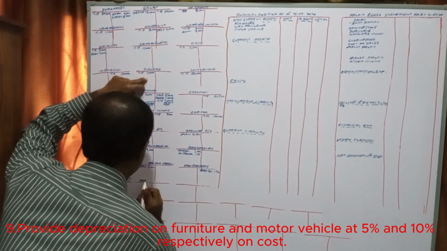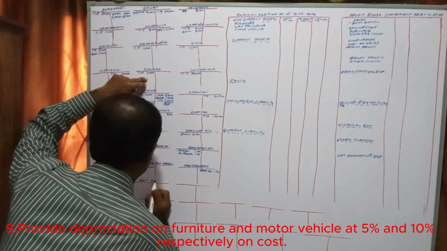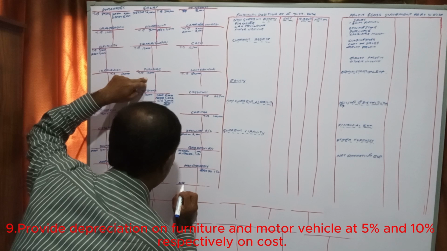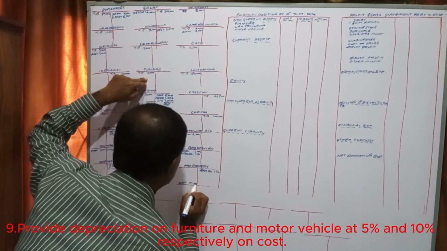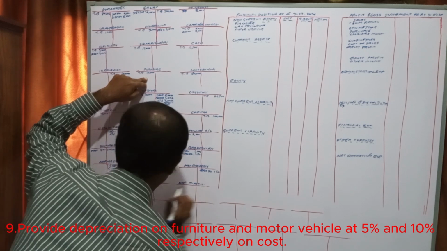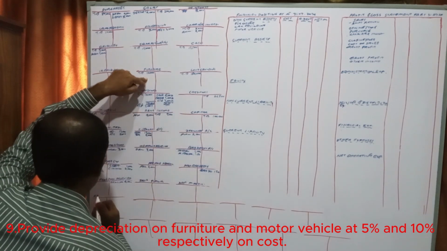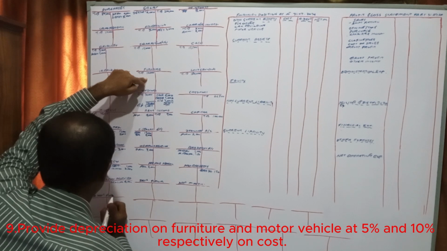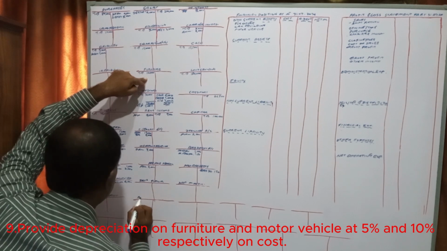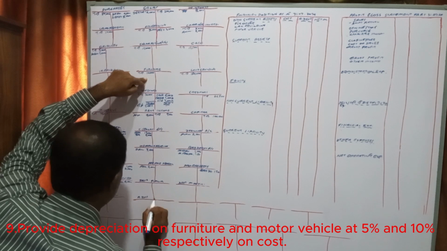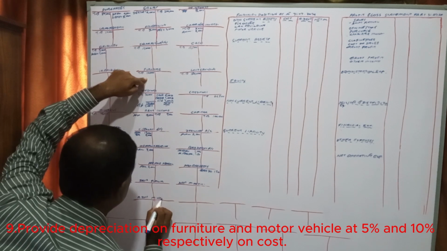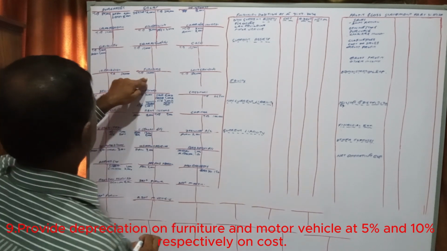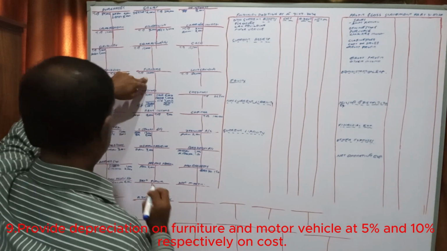Open a depreciation on furniture account, depreciation on motor vehicle, and accumulated depreciation on furniture, accumulated depreciation on motor vehicle, right? 5% depreciation.